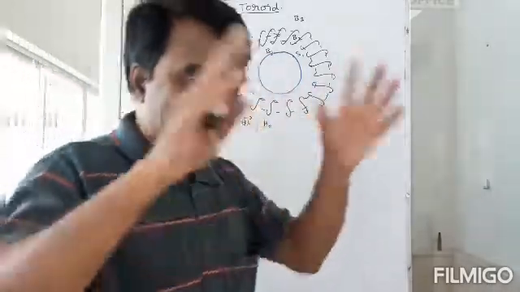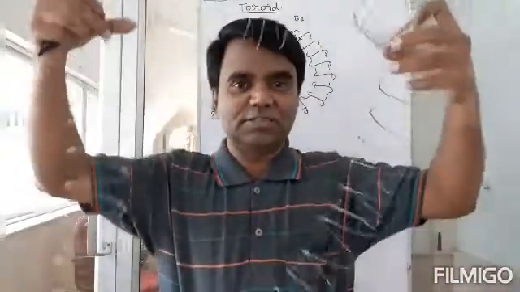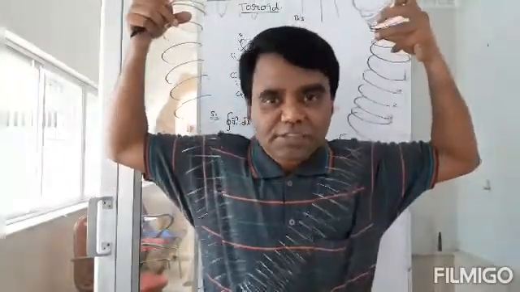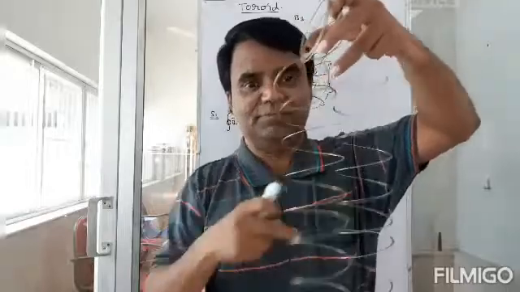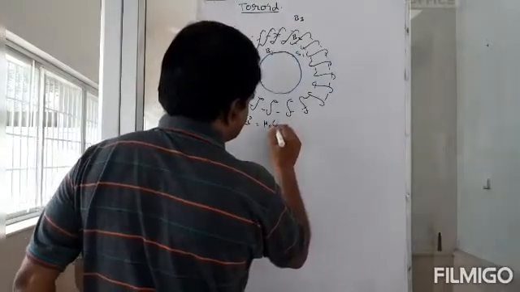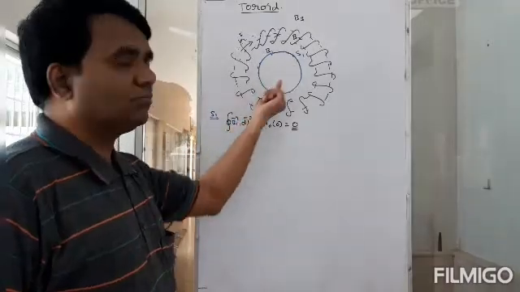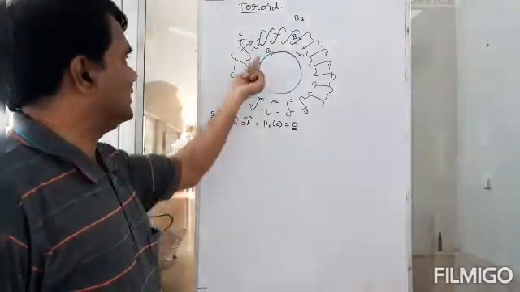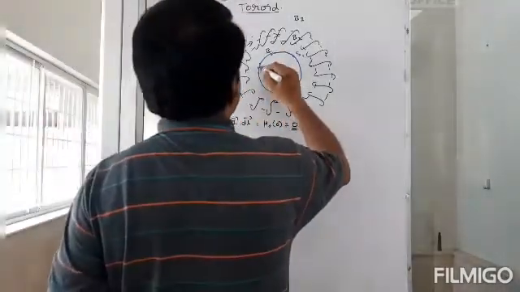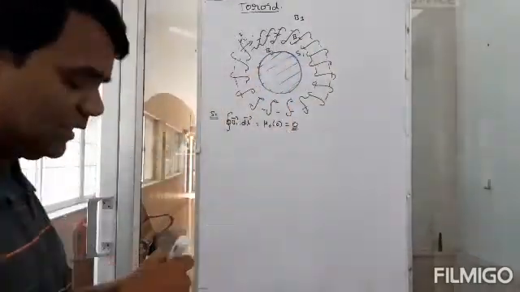No, it's inside the toroid. No current is piercing through this surface, so mu naught times I is actually 0. So the closed loop integral of B1 dot dl for this surface is equal to 0.